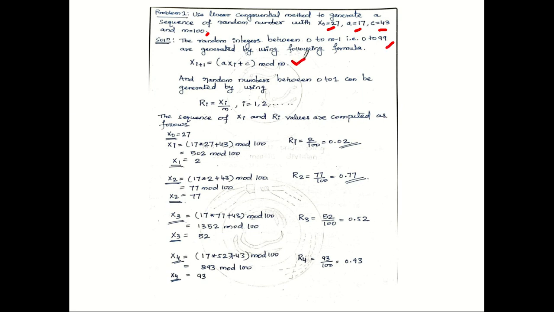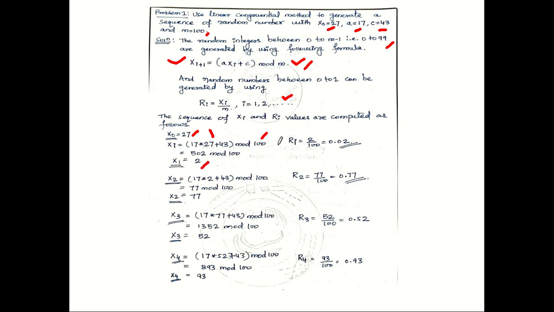This formula is used to generate a sequence of random numbers between 0 and 1. This equation is used to generate a sequence of random integers between 0 and m minus 1. Here the initial value x0 is considered as 27 and the value of a is 17, so x1 equals (17 into 27 plus 43) mod 100, which is 2.